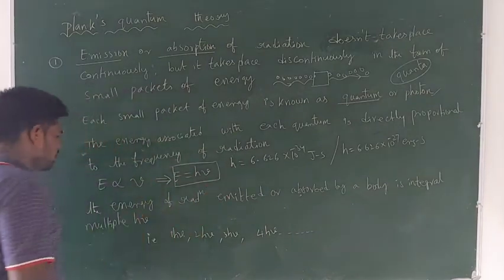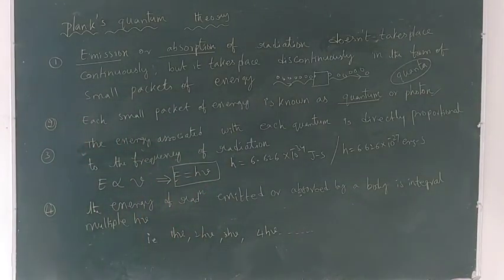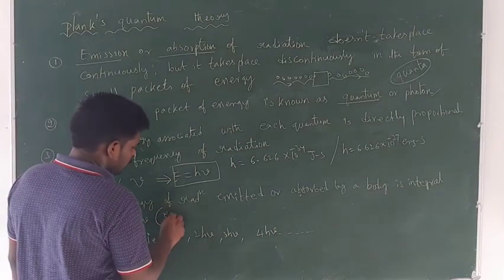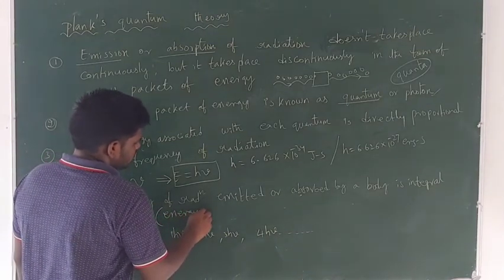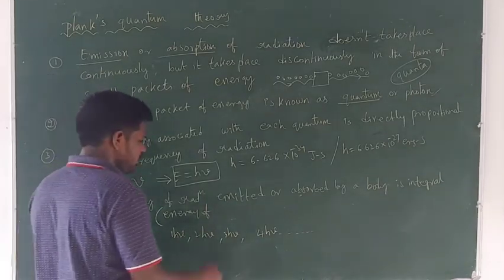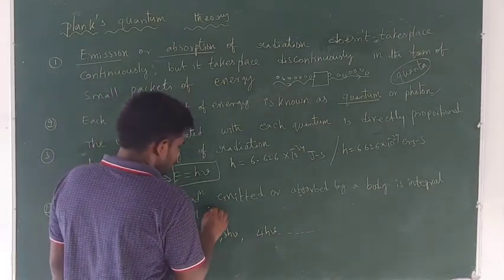And the next postulate: the energy of radiation emitted or absorbed by a body is an integral multiple of h nu. Simply, it means energy is quantized. Energy of a radiation emitted or absorbed by a body is quantized.